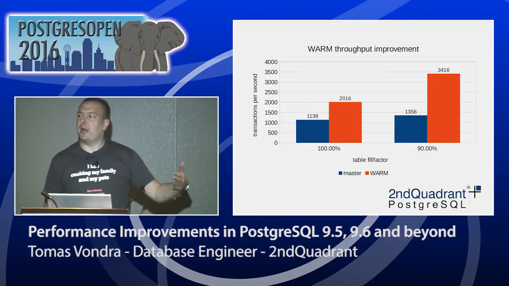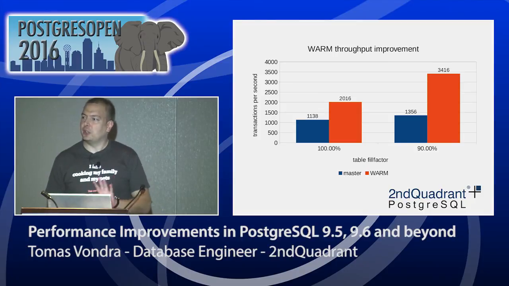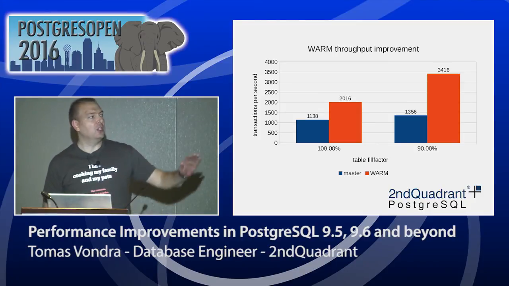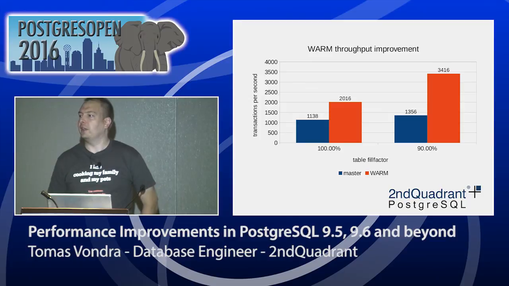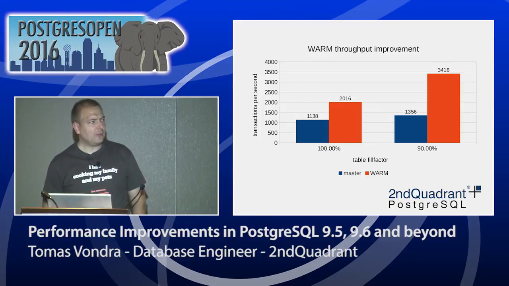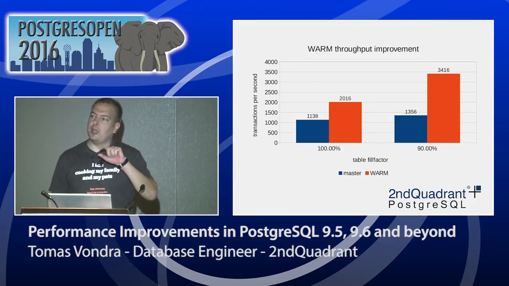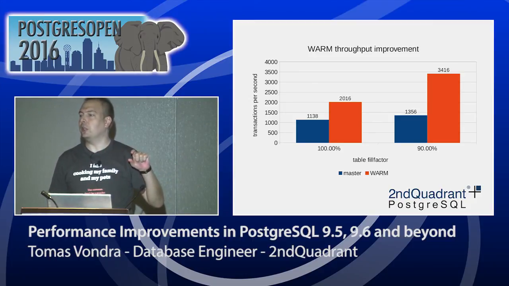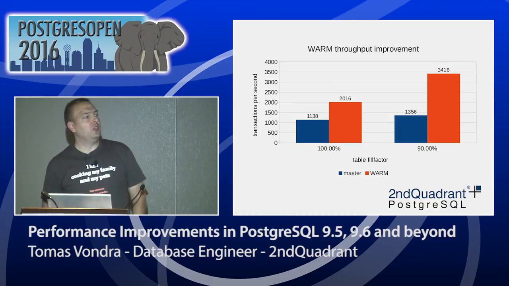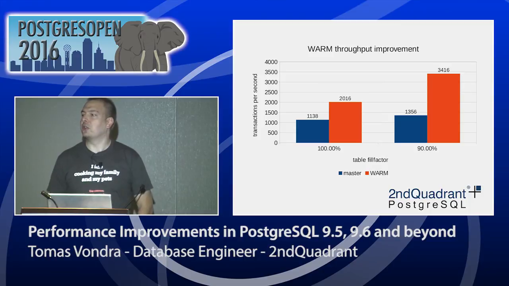With the WARM patch applied, without any changes to the queries or anything, you will get like a 75% increase in transaction rate on the table. And if you actually decrease the fill factor to keep a bit of free space on each page, you will get like 1,300 transactions on master. And with the patch, you will get more than 100% improvement in transaction rate.